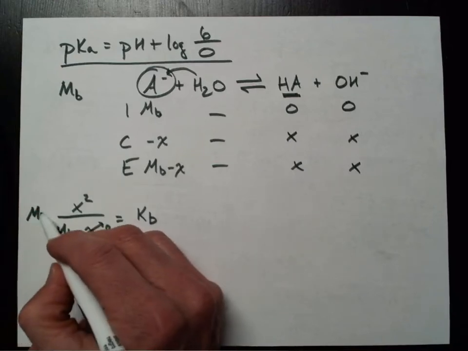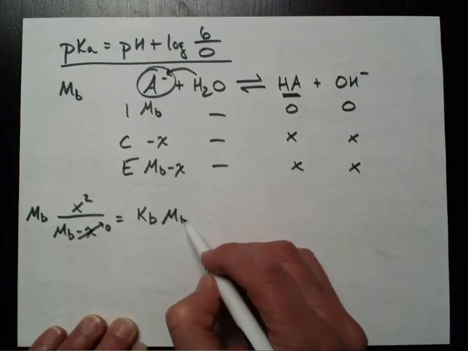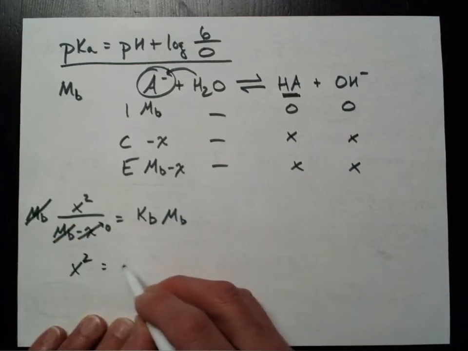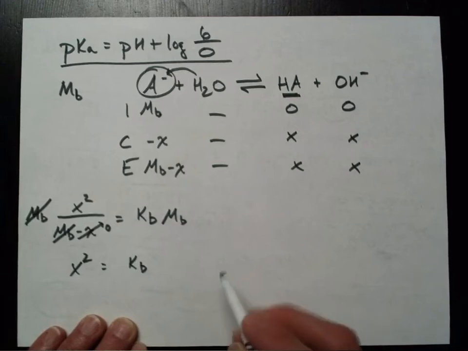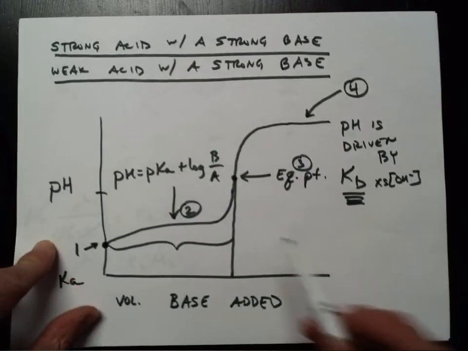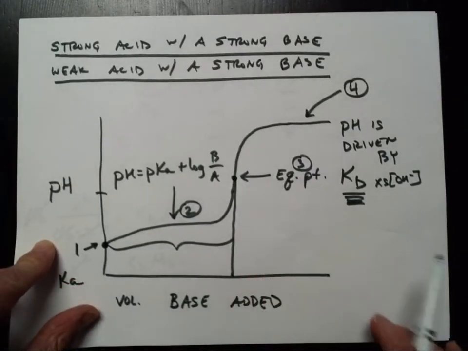I'll multiply both sides of this equation by the molarity of the base, and I end up getting X squared is Kb for the conjugate base times the molarity of the base, whatever that happens to be at the equivalence point. Which, remember, the equivalence point on the titration is right here. It's right there.